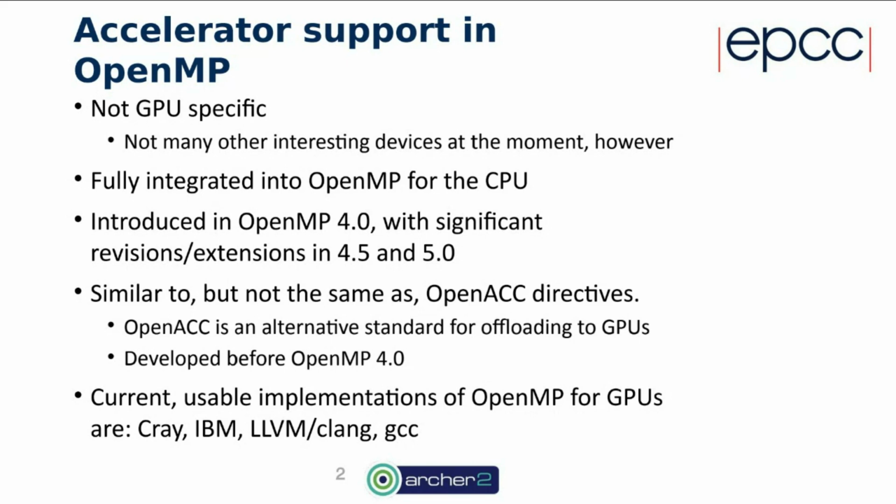It first came in 4.0, so it's been around for a while, but there were some significant revisions and extensions in 4.5 and 5.0. It's similar to, but not the same as, another specification called OpenACC, which you might have come across. OpenACC is an alternative standard for offloading to GPUs.